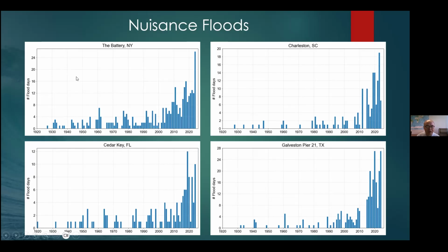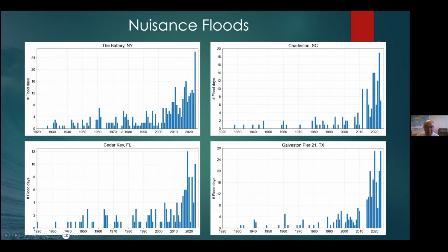Here I plot the number of flood days in different regions: the Battery, New York, Charleston, South Carolina, Cedar Key, Florida, and Galveston, Texas. These stations provide high quality long-term hourly data.